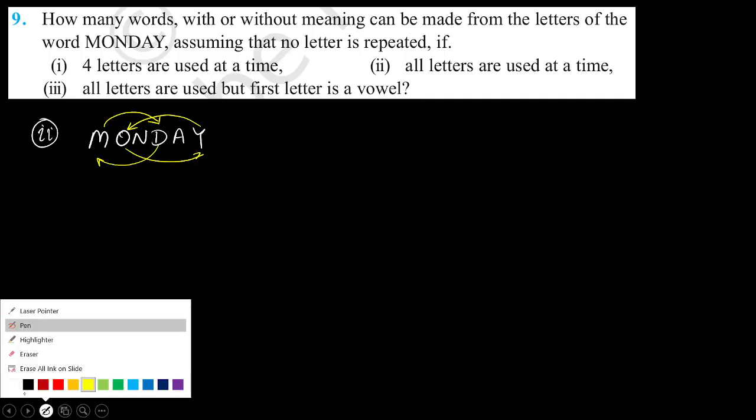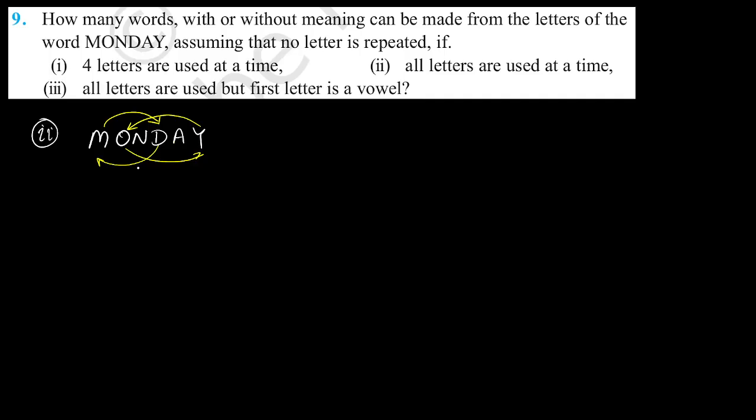So one method is, if you don't want to draw the box, fine. All the letters are to be used. How many words can be formed using Monday? That is simply in how many ways the letters can be rearranged. There are 6 different letters. The answer will be 6 factorial. Let me complete it.